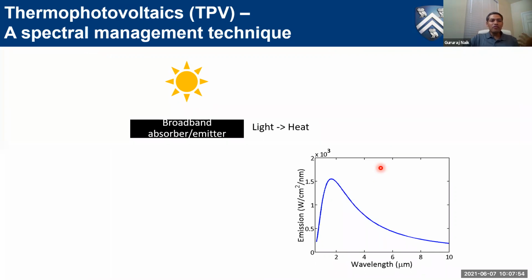The black body will not distinguish the photons based on their colors or their energy. For a black body, all these photons are just packets of energy, and it just absorbs them. Once absorbed, all these photons convert their optical energy into heat in this black body, right? So the black body just becomes hot under the sun.